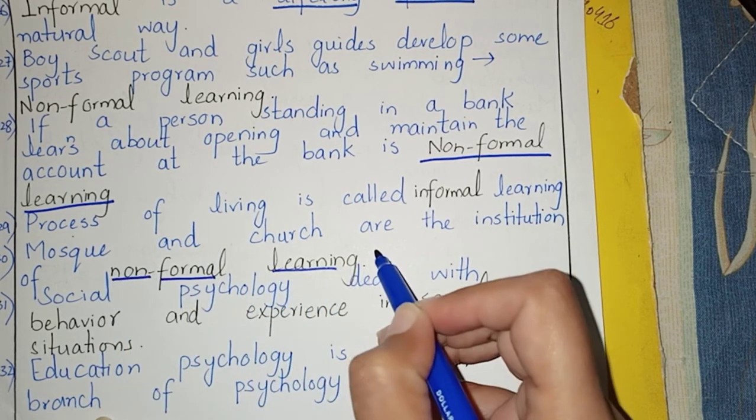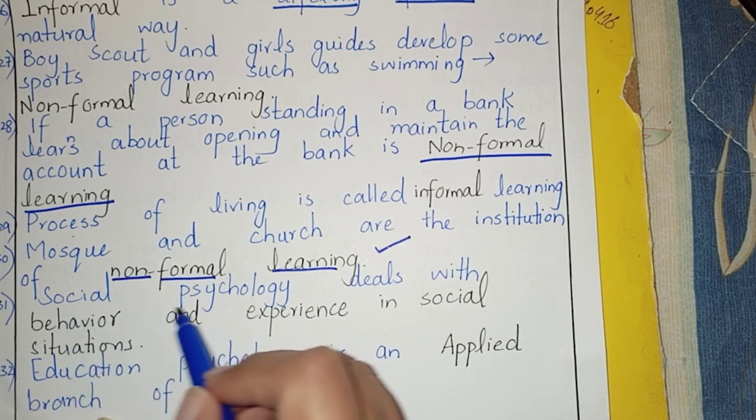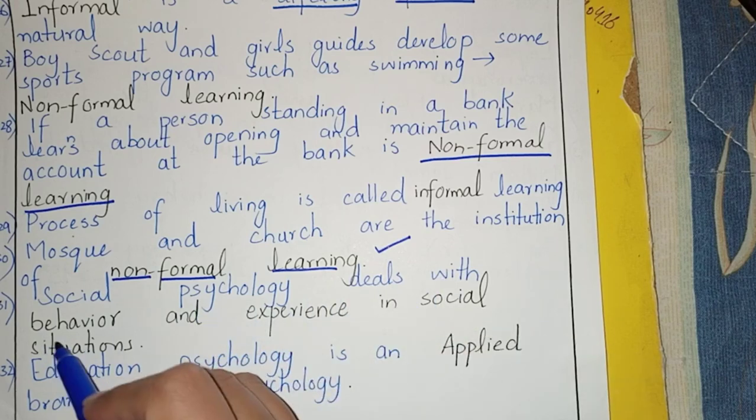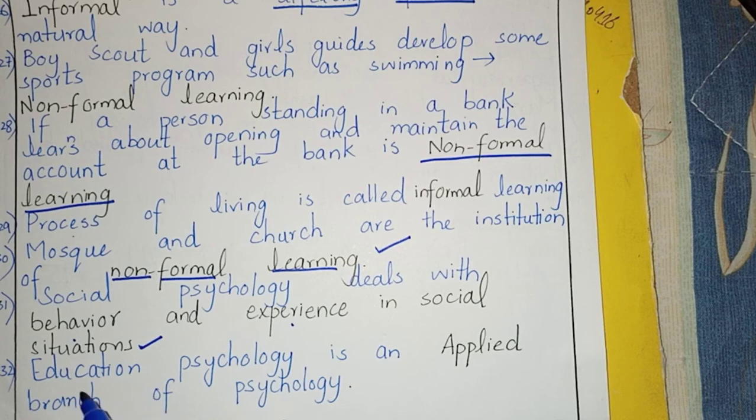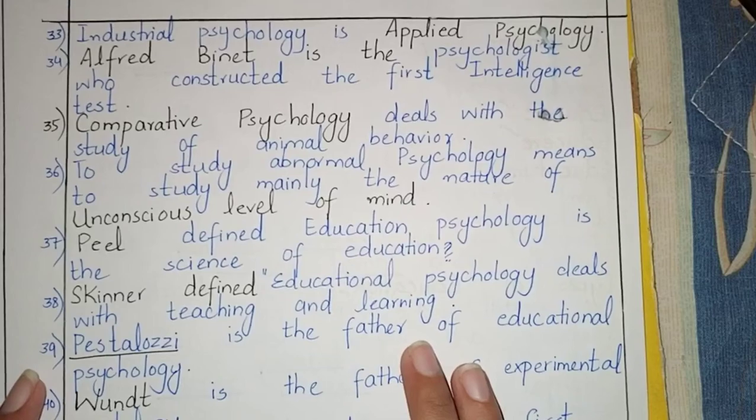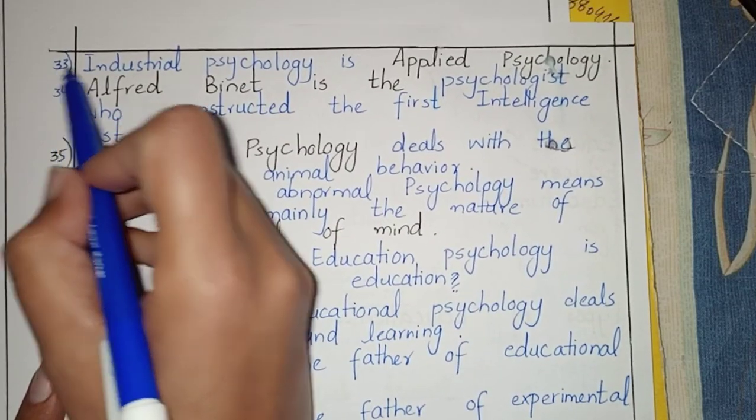Non-formal learning, remember that. Social psychology deals with behavior and experience in social situations. Educational psychology is an applied branch of psychology. Question number 33.